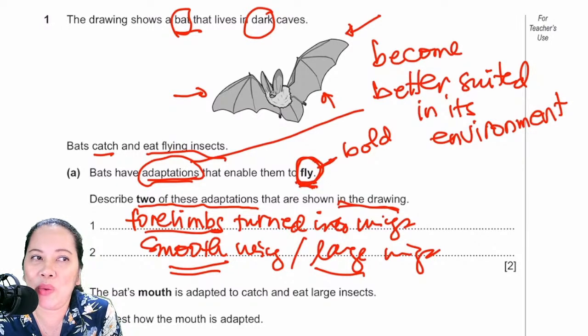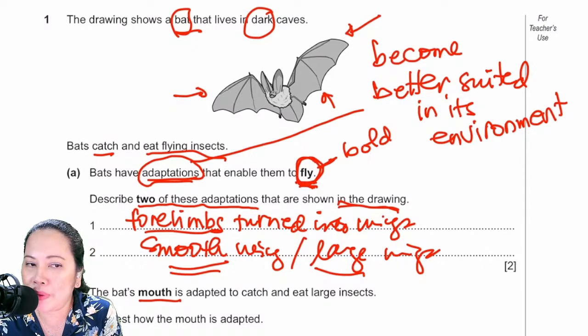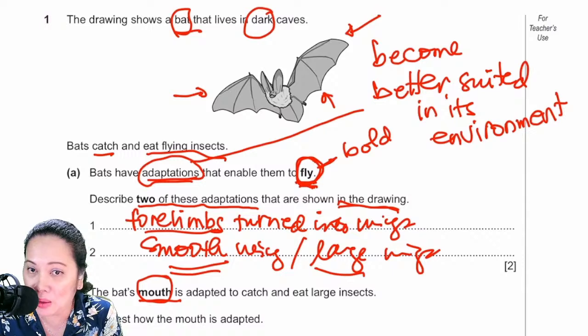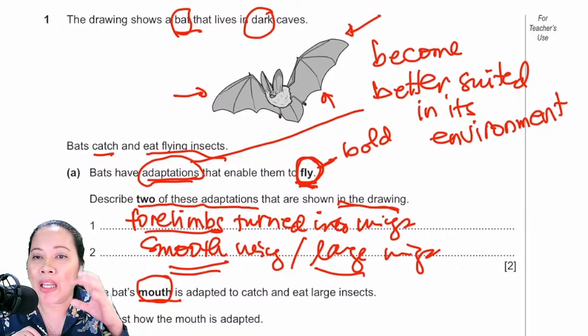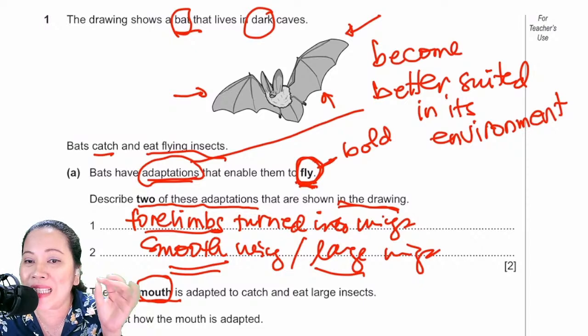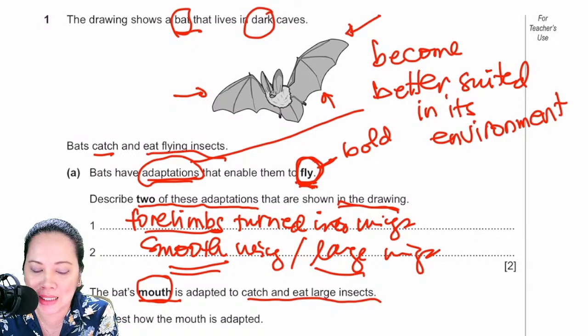Okay. And then we have another question. The bat's mouth is adapted. Now, it talks about the mouth now. So you see, in a question, it's always highlighted what your keywords or your cue or your hint are. The bat's mouth is adapted to catch and eat large insects.